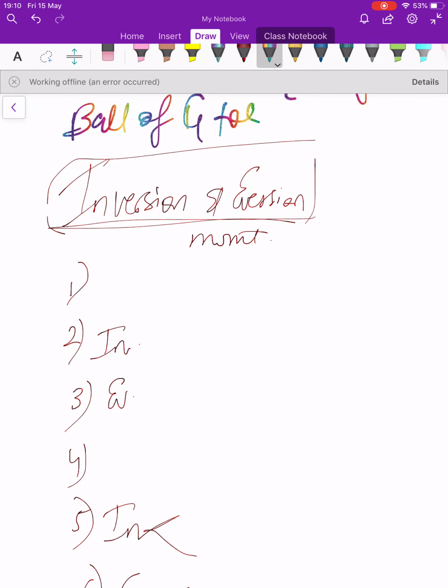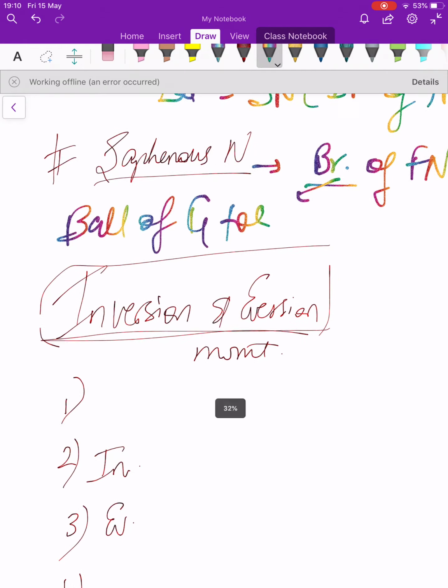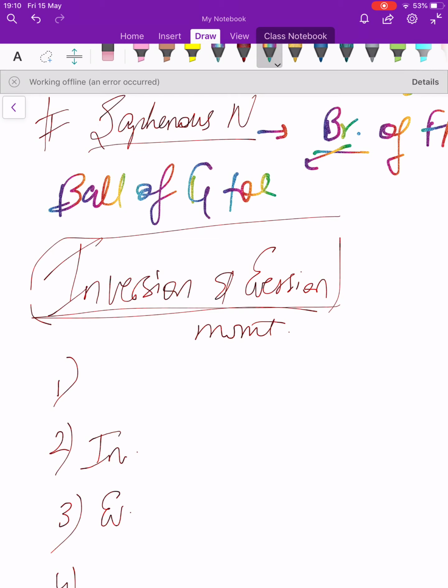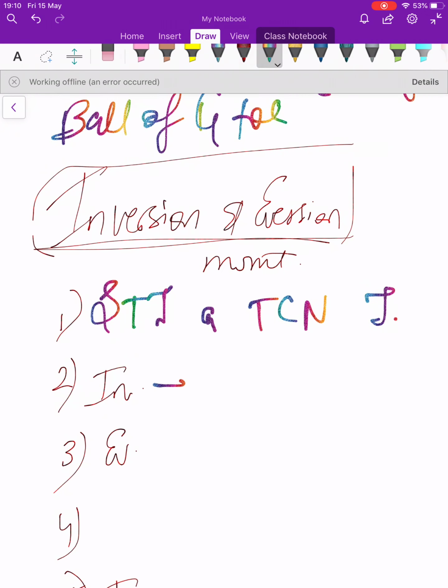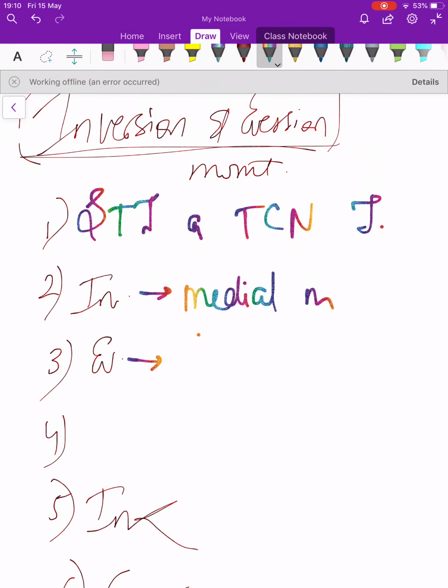The next is regarding inversion and eversion movements. Inversion and eversion occur at the subtalar joint and the talocalcaneonavicular joint. What is inversion? Inversion is the medial movement of the sole. What is eversion? Eversion is the lateral movement of the sole.